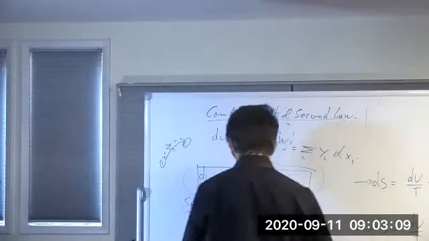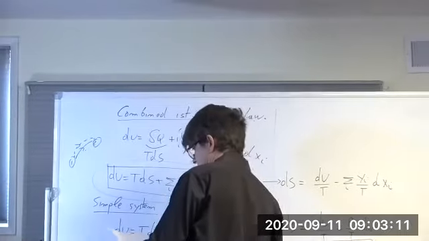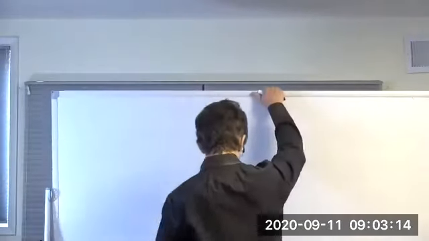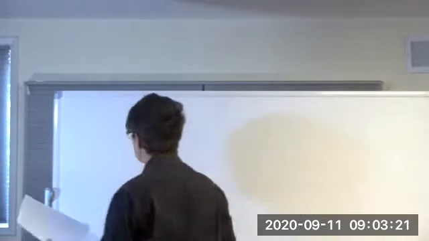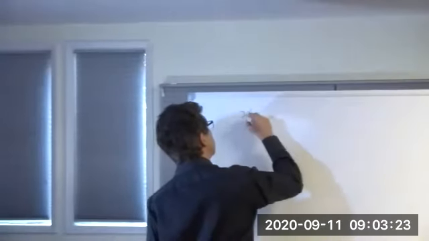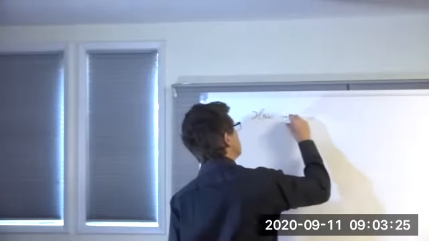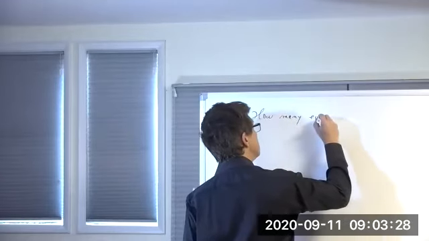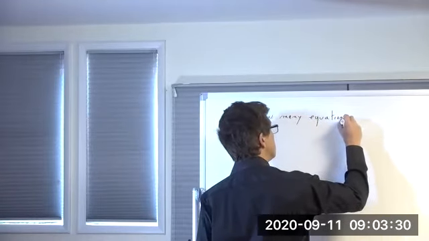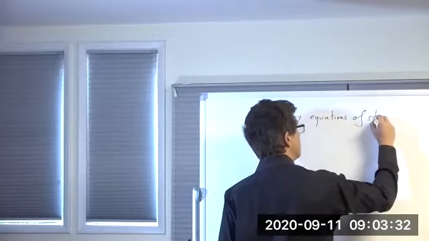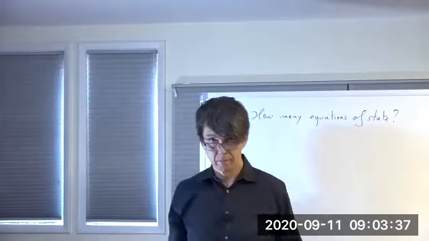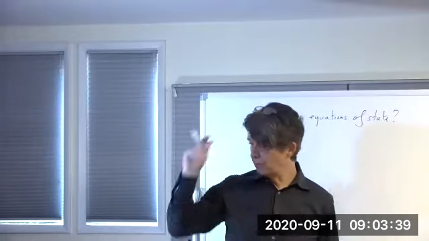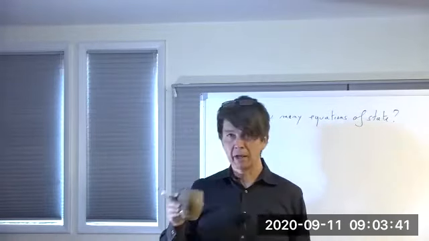So I have a brain twister for you. Well, it's not that hard. How many equations of state are there in a system? How many equations of state do I need to characterize a system?